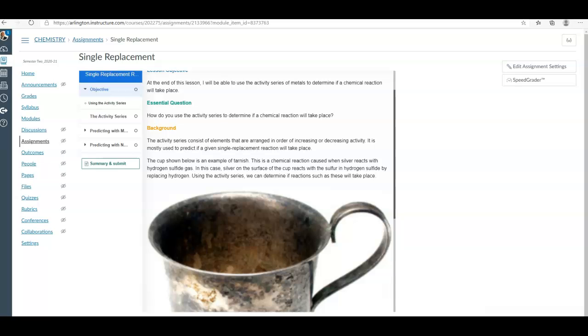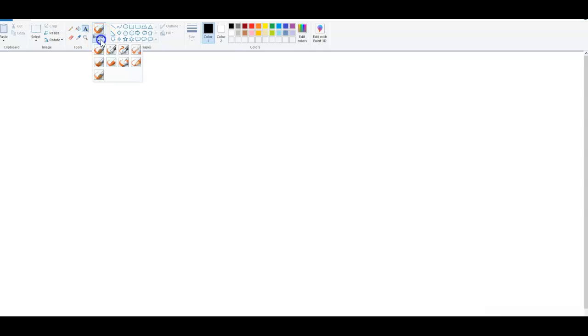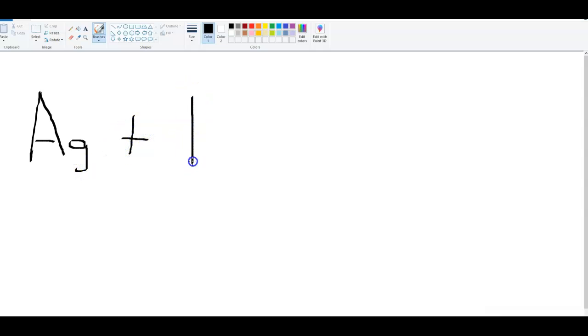Let me do the equation on the screen so that you see what I'm talking about. So here I have Ag, the symbol for silver, plus hydrogen sulfide, which is a gas. In the presence of moisture, it becomes aqueous.